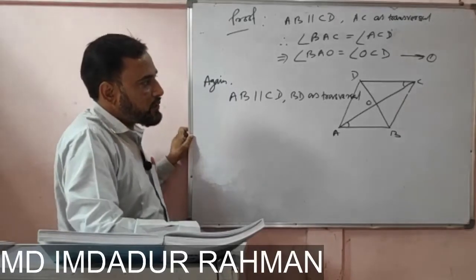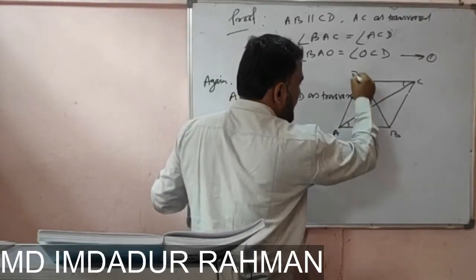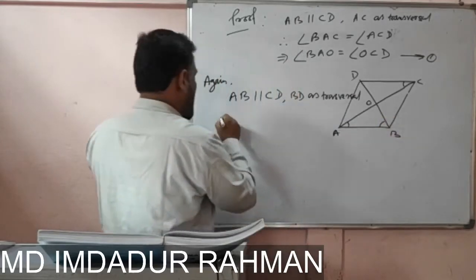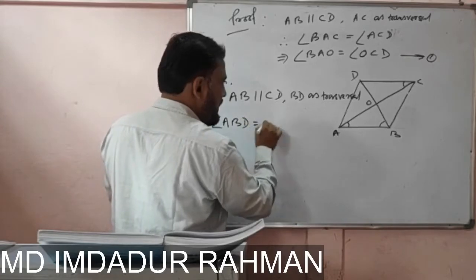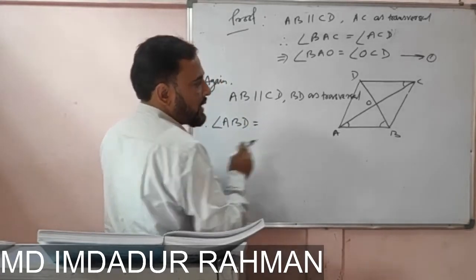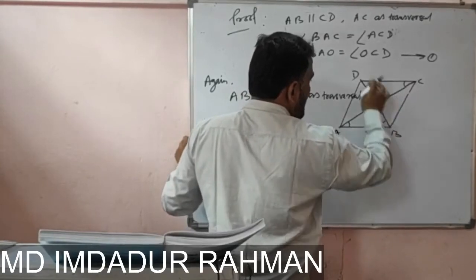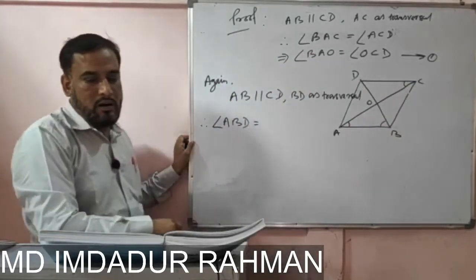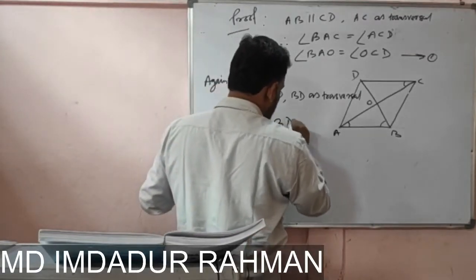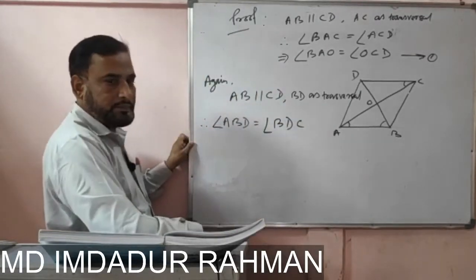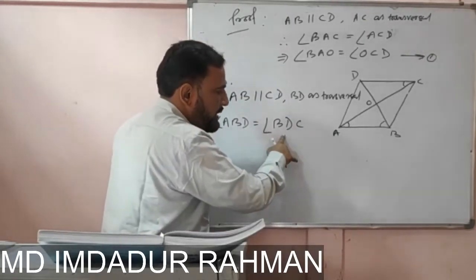Then what are we getting? Angle ABD is equal to angle BDC.